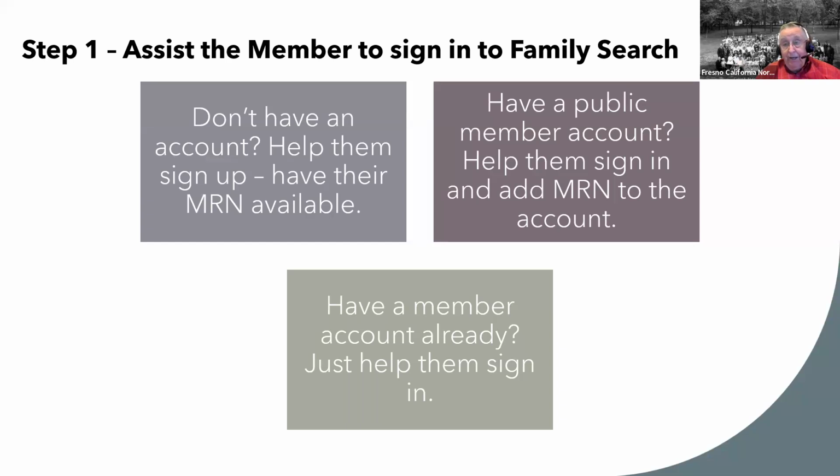And so what you're going to have to do is when they sign in, then you're going to have to go and provide that member record number so that the account can be converted to an LDS account, to a FamilySearch account, so that they can submit. So that's the second possibility of what can happen when you start to work with this patron.